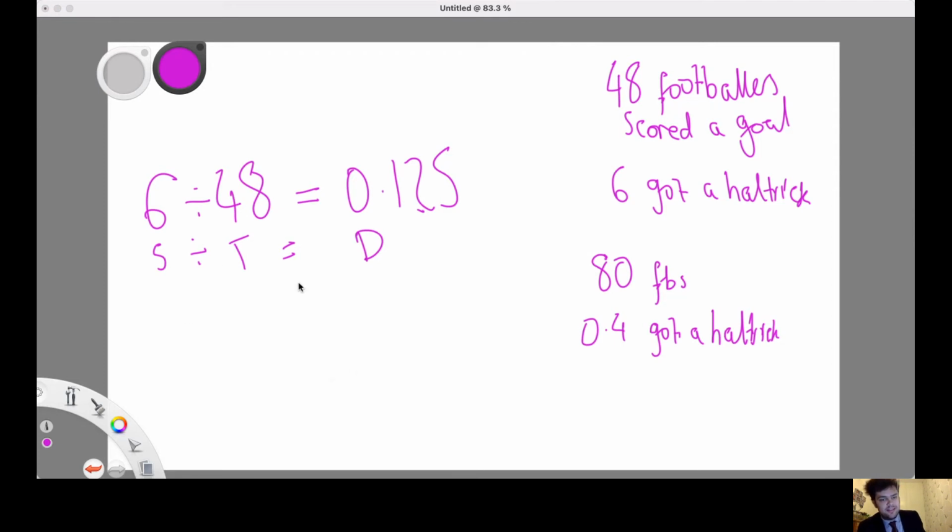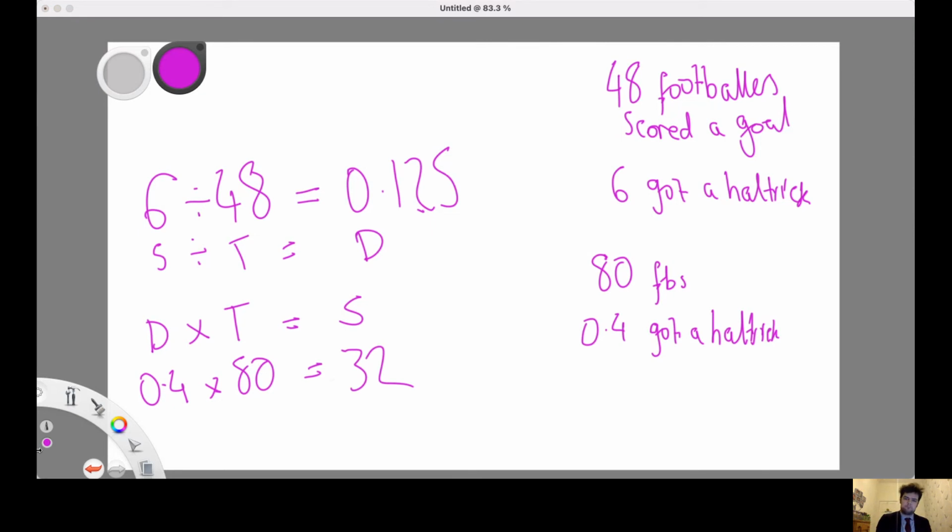We're doing the decimal times the total number equals the small number. So our decimal is 0.4, our total is 80. 0.4 times 80 is 32. So you should get the idea. It's no more complicated than this. You're not going to be asked to do anything other than that.